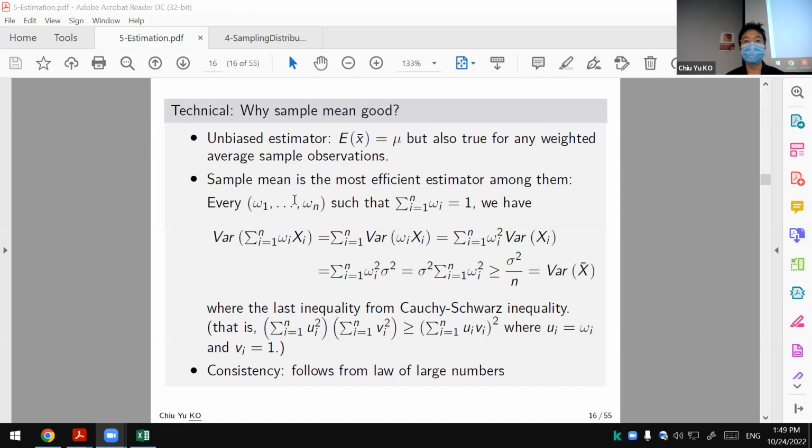But do note that it doesn't imply the sample mean is not useful, because the thing that we're trying to estimate is mu, the population mean. If you care about a population weighted average, then a weighted average may be better. But we only care about the population mean, so using the sample version of it works. I hope this convinced you why we use the sample mean.